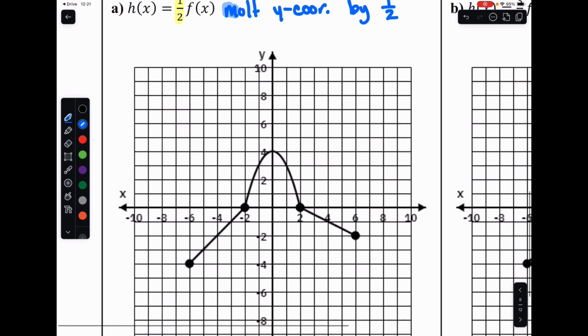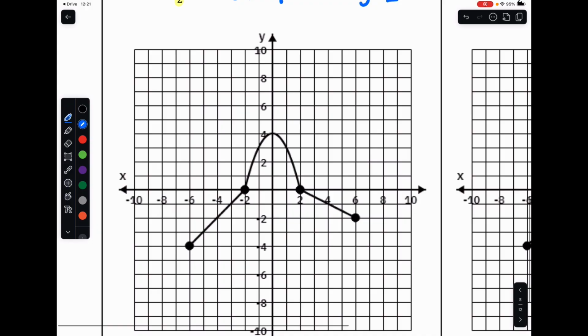If I look at the corresponding y coordinates, right here, this point has an x coordinate of -6, but the y coordinate is -4. So we're going to go half that distance. Instead of going down 4, we're going to multiply that -4 by half, and we're only going to go down 2. From the x-axis, we're just shrinking the distance from this point to this line here. So the first point is going to simply go down 2 instead of down 4.